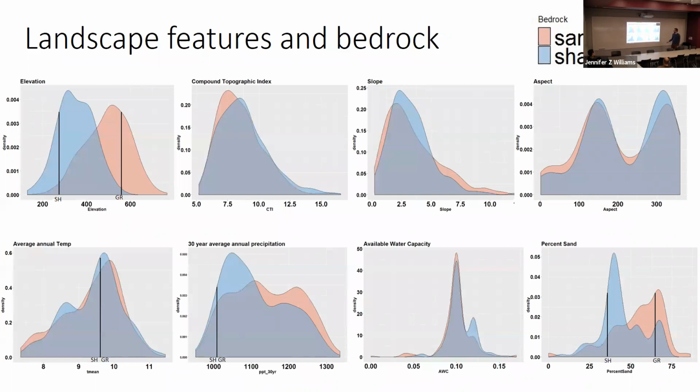But I also tried to put Shale Hills and Garner Run on here. Like I said, I wanted to keep those sites in context with the broader normal. I know that elevation varies across Shale Hills, and I know it varies across Garner Run, but I tried to just put it in a representational difference. So it seems like Shale Hills and Garner Run are falling somewhere around the normal for elevation.